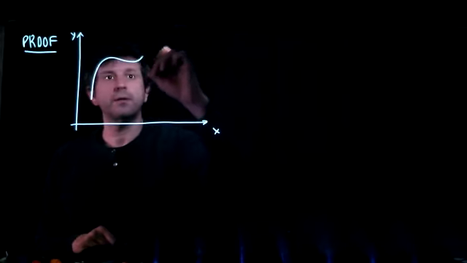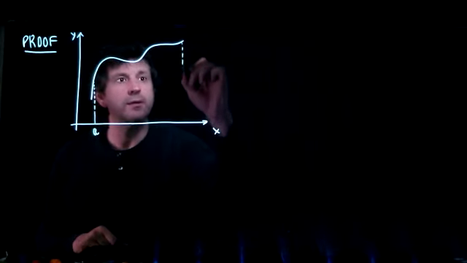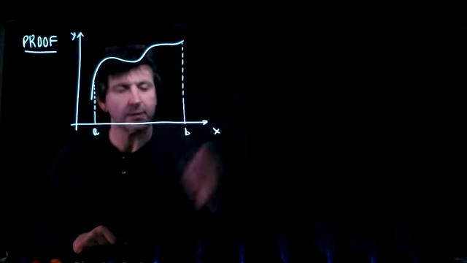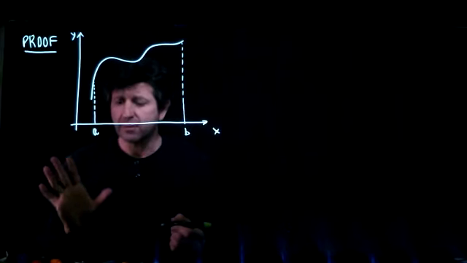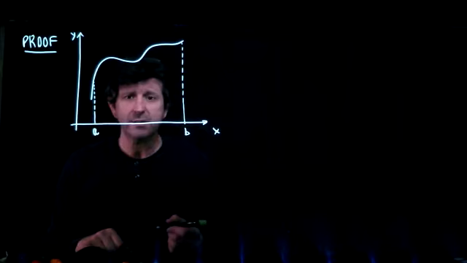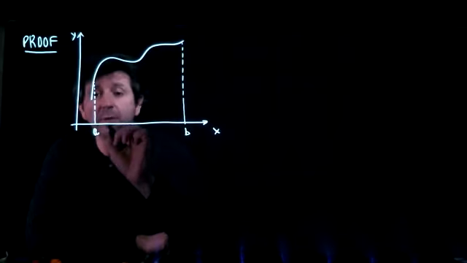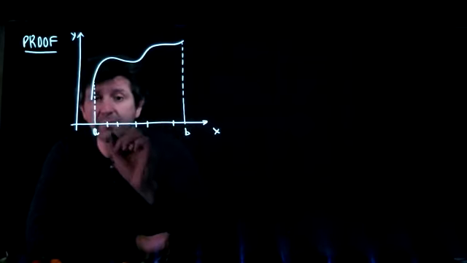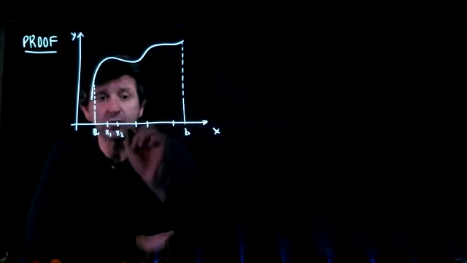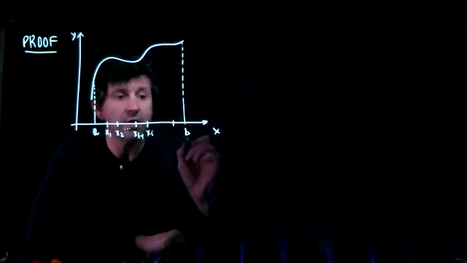I have my curve from A to B. And what I'm going to do is exactly the same process as finding the area under the curve using Riemann sums. Okay, so I'm going to separate it into small pieces, n of them. So x1, x2, dot, dot, dot, then xi, and the one before that is xi minus 1, all the way until xn.